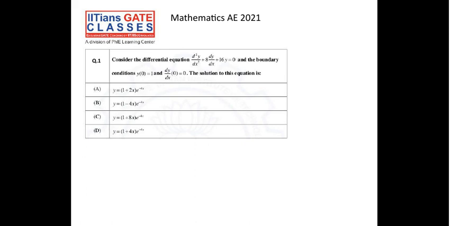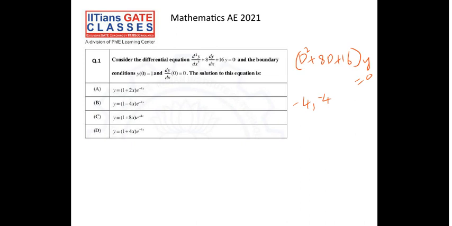So it comes to d square plus 8d plus 16 of y equals 0. The roots of this quadratic equation are minus 4 and minus 4.